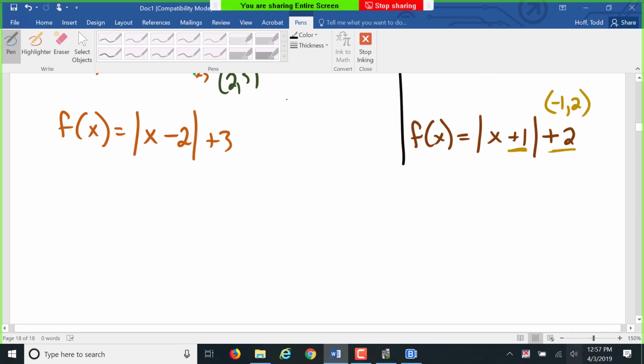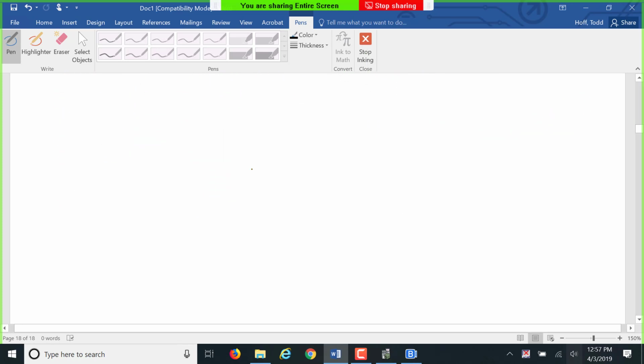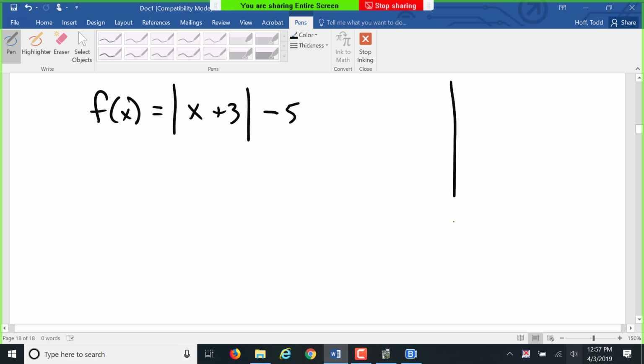So in your notes, I would like you to sketch the graph of f of x equals the absolute value of x plus 3 minus 5.